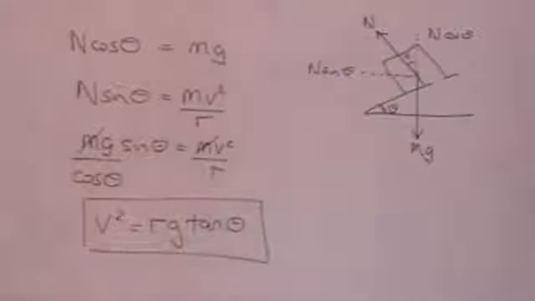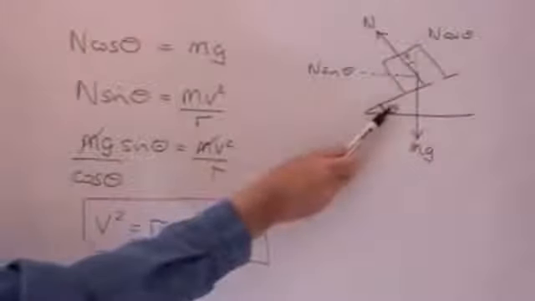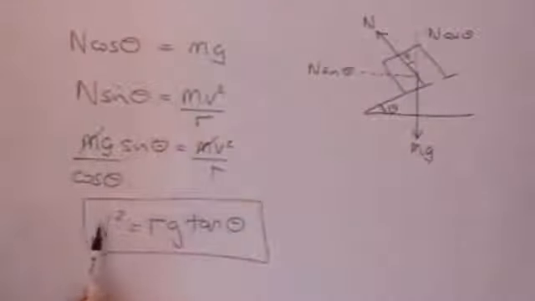And what that says is that you can travel round that banked circle at a speed v, where v will be determined by the radius of that circle. The bigger r is, the bigger the circle, the bigger v can be. And the bigger theta is, the bigger the angle to the horizontal, the faster you can go.